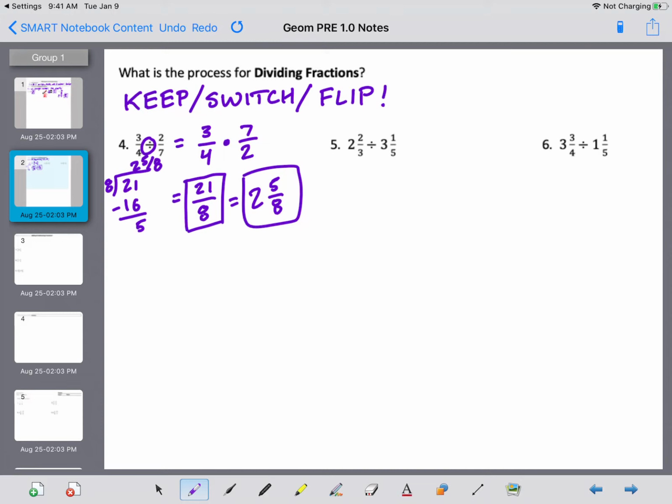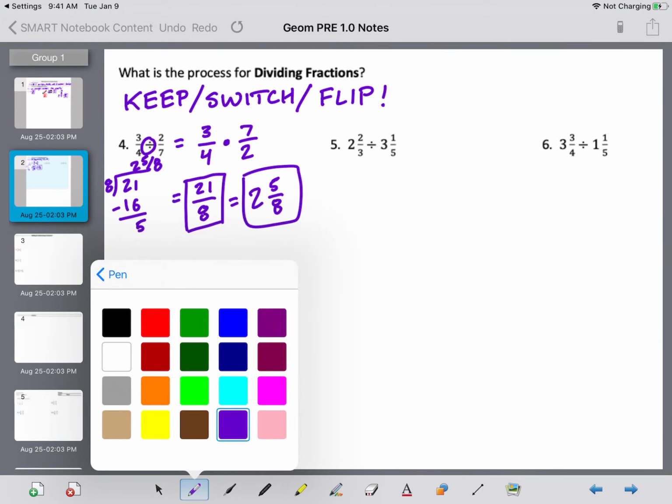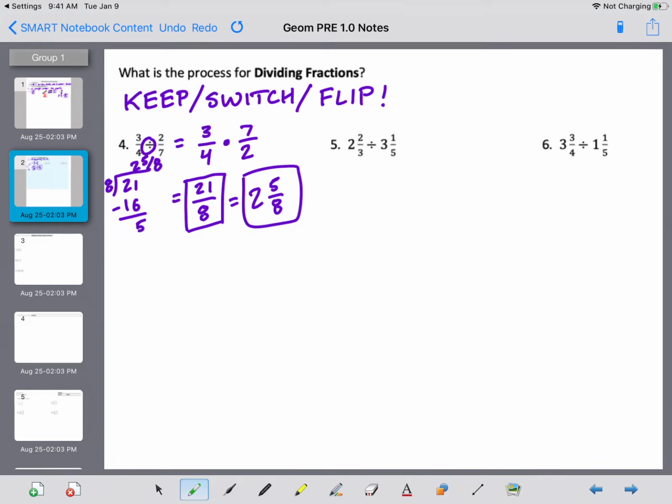Okay, now before you do keep, switch, flip, you do need to make sure you change the fractions to improper. So we're going to change this 2 and 2/3. Remember, you multiply, 3 times 2 is 6, and then you add that 2, so you get 8/3, divided by 5 times 3 is 15, plus 1 is 16, over 5. Now we can do keep, switch, flip. Keep this as 8/3, switch to multiplication, and flip this to 5/16.